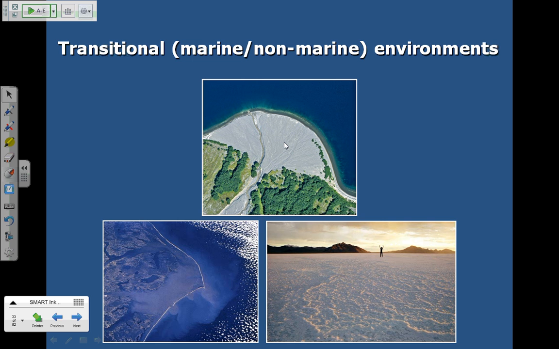Why do we call this a delta? What is delta? What's that word mean? It's a Greek letter, right? What does the capital letter Greek delta look like? Triangle. So, why do we call that a delta? Does it look like a triangle? No, it doesn't, right?